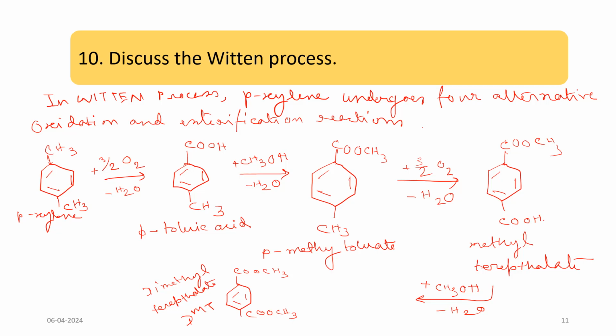Okay, so in the Wheaton process, first we have oxidized, produced p-toluic acid, then we did the esterification, produced p-methyl toluate, then again oxidation, it produces methyl terephthalate, then again esterification, it produces dimethyl terephthalate. So from Wheaton process, we do the oxidation and esterification reaction of p-xylene and produce DMT, which is one of the monomers of PET, right? So this is the whole process.